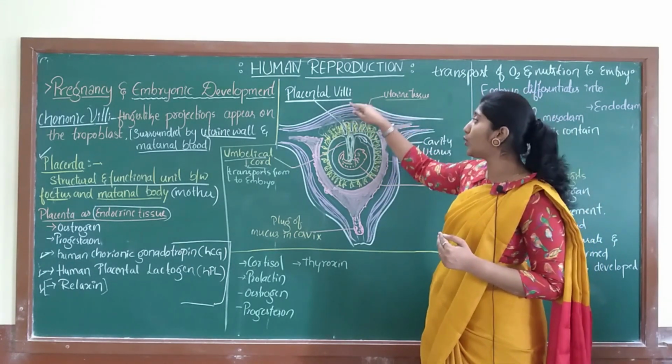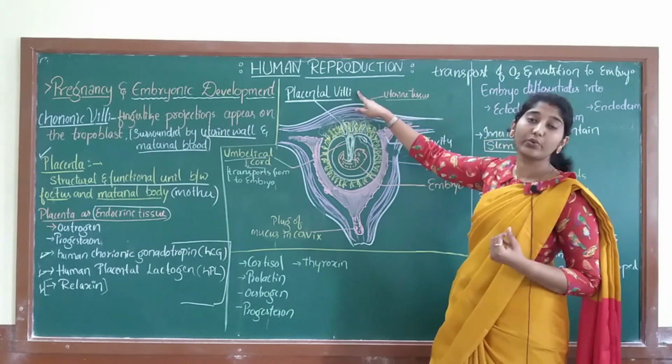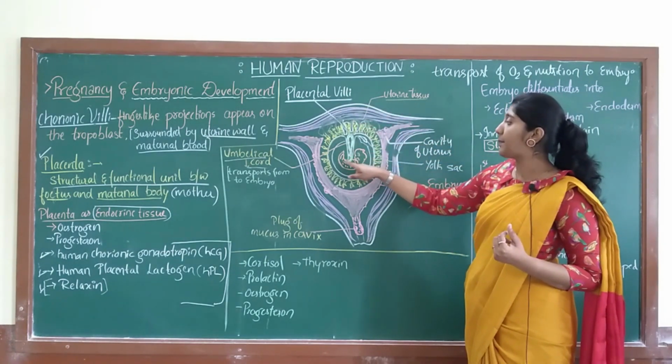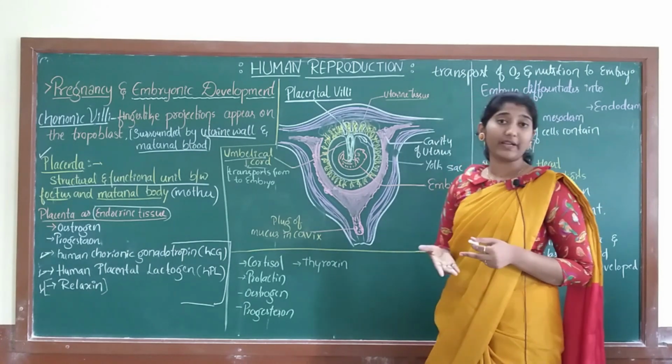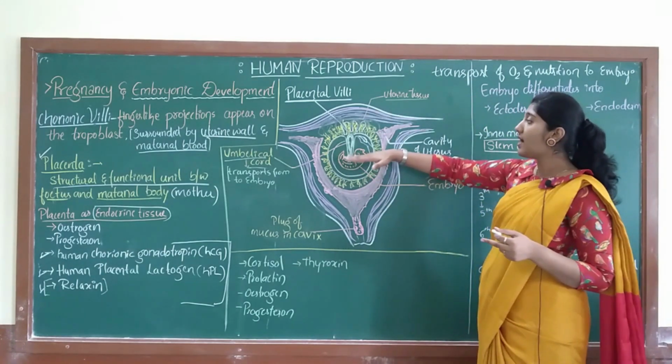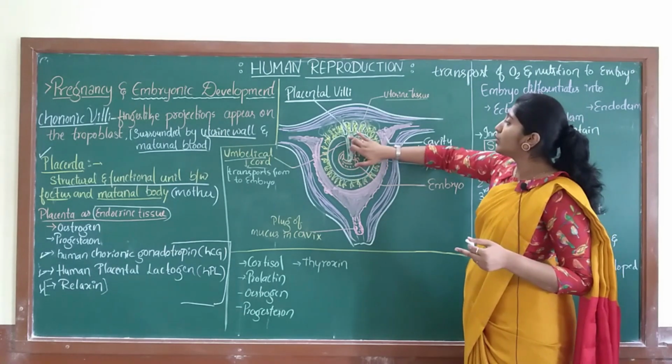Through the placenta, the oxygen and nutrition is passed and supplied to the fetus, and whatever carbon dioxide and waste material is present in the fetus is again expelled through the placenta.